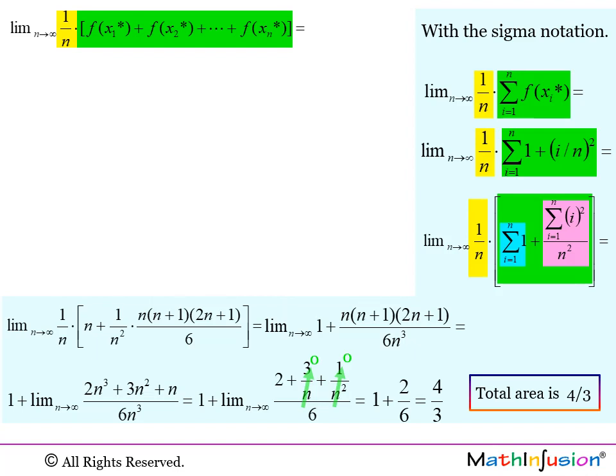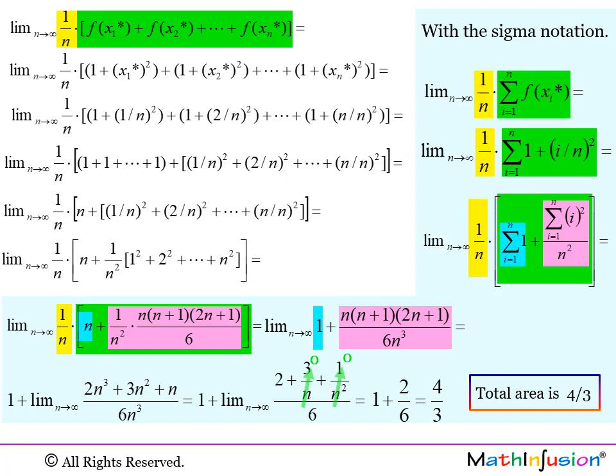In the summation of i, 1 over n to the power of 2 is a constant. Now I really have to evaluate each one of these. And now actually we are coming back to what we did before. We know that the first sum is n and the second one is this one. And we just continue exactly as before.